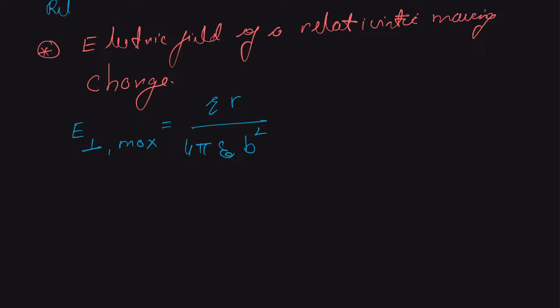Here not beta but b square, where b is nothing but our distance of closest approach, which is already given to us. So we simply substitute the values. 1 upon 4 pi epsilon naught, we can write as 9 into 10 to the power 9. Charge we know is 1.6 into 10 to the power minus 19, and this gamma is 2 into 10 to the power 4.